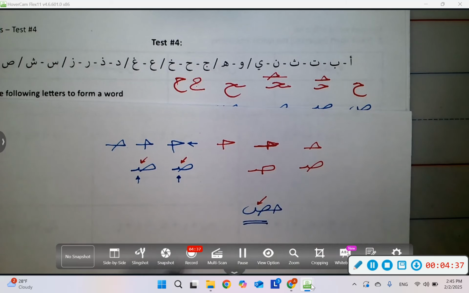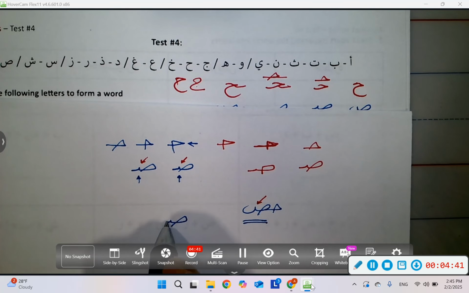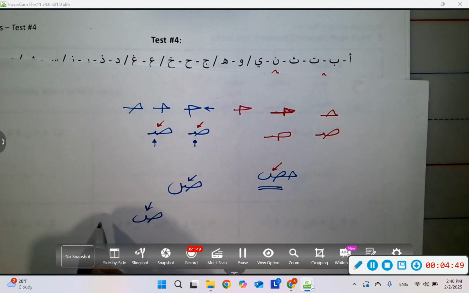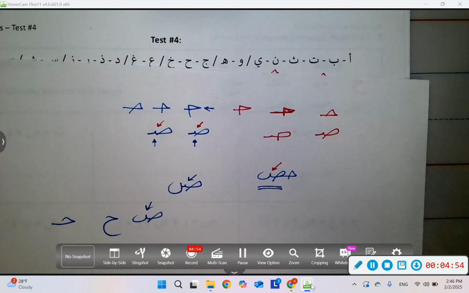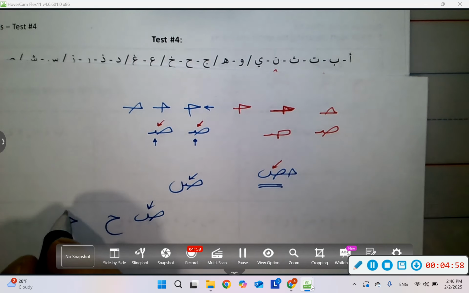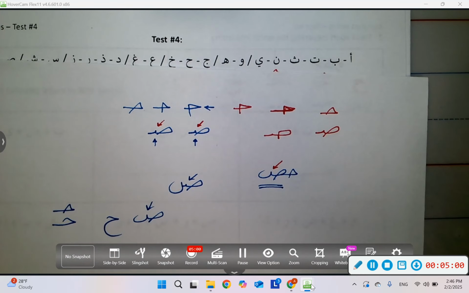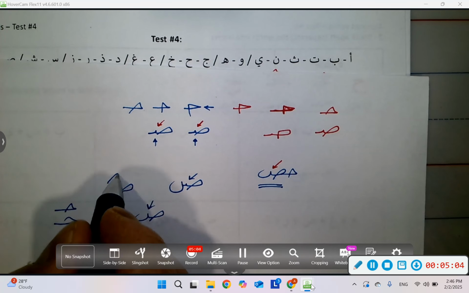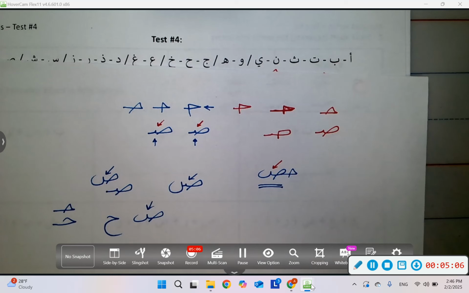You don't need to add one extra. Like I've seen somebody say sa. No, that's wrong. Sa, this is the spike. Ha, no spike. When you connect it, it's like this. And if it's connected and closed, it's like this. Sad always has a spike. When it's at the end, this is the spike.